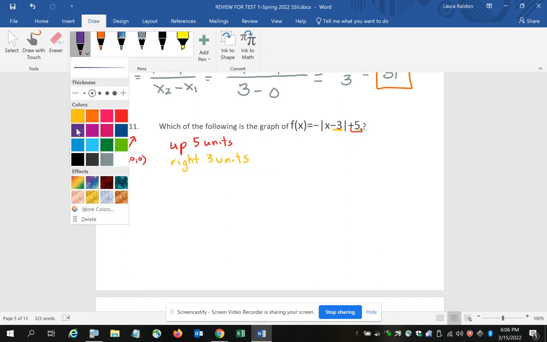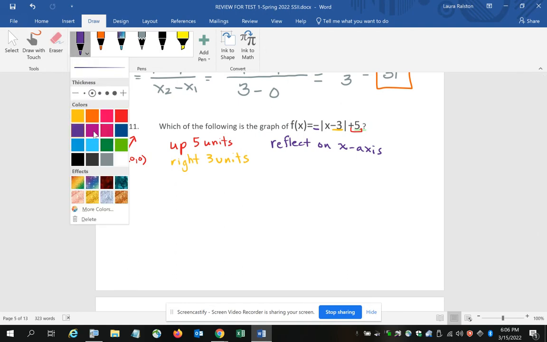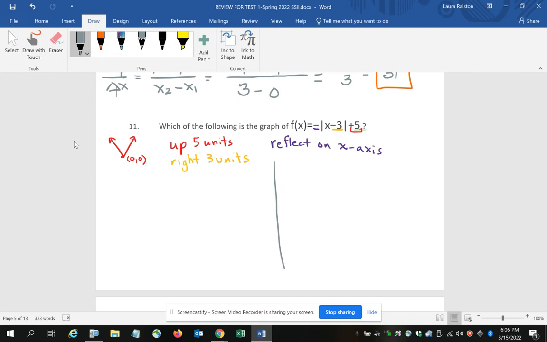And the other thing that I know is because this negative is outside the bracket, there's going to be a reflection on the x-axis. So using all of that information, I could get myself a rough sketch. It doesn't have to be perfect because I'm going to try to match it.